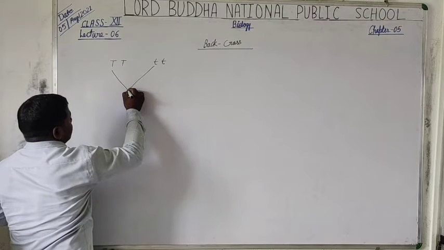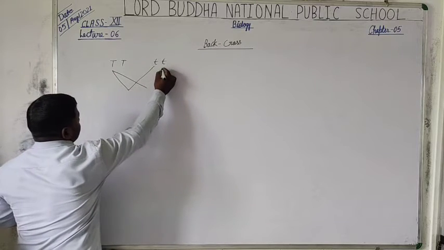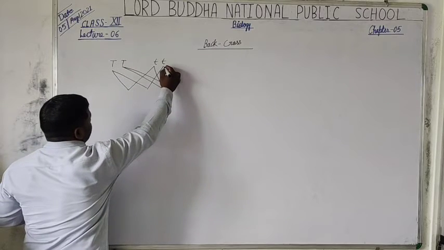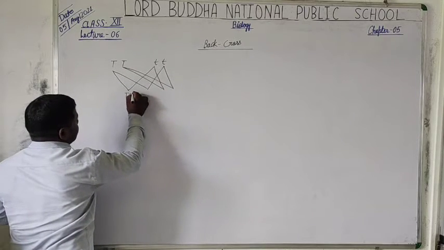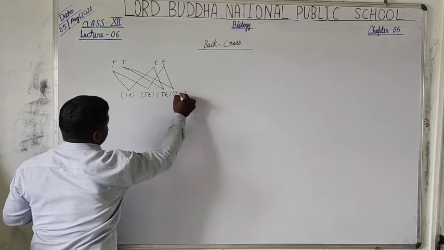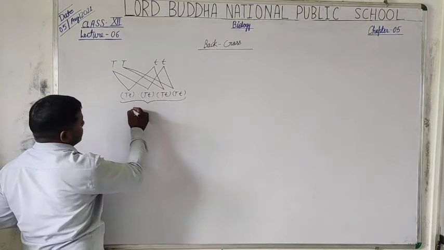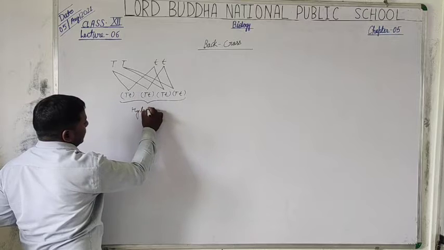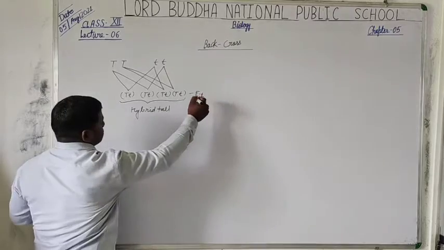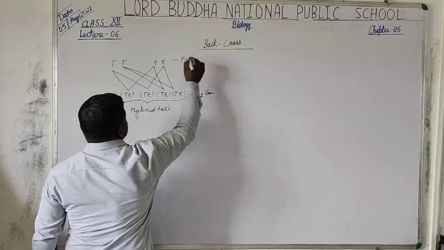When we made a cross hybridization by selecting a pair of allelomorphic forms, we obtain in the F1 generation all individuals as hybrid: capital T small t, capital T small t, capital T small t, and also capital T small t. This is the result of the F1 generation, and all individuals become hybrid. This is the F1 generation and this is the parental generation.